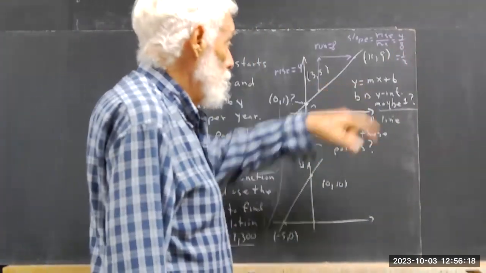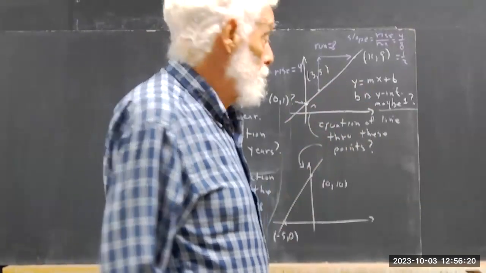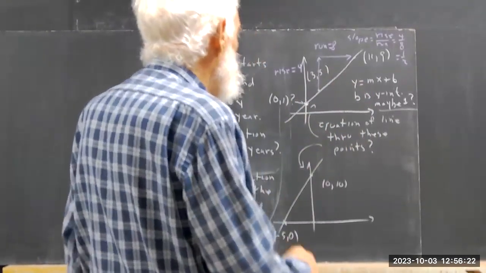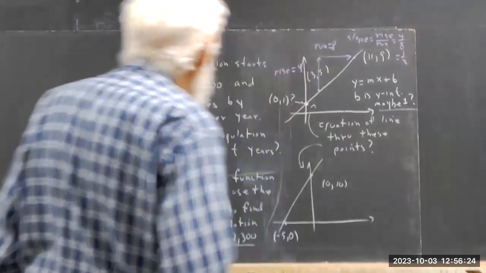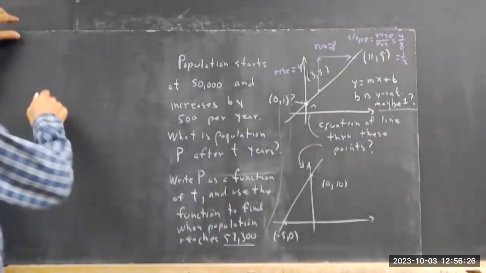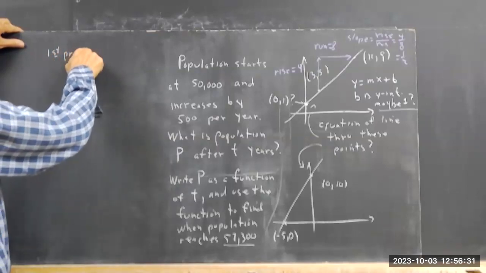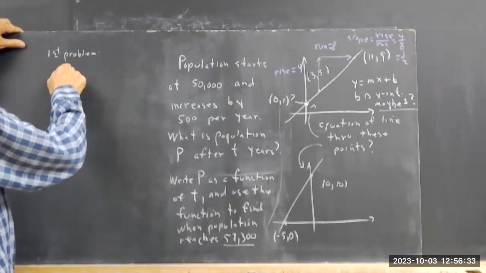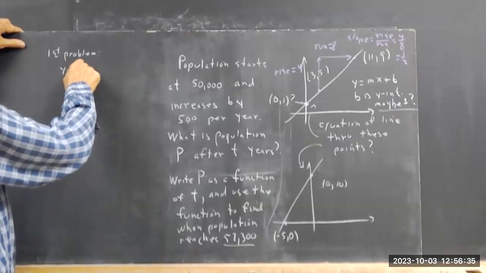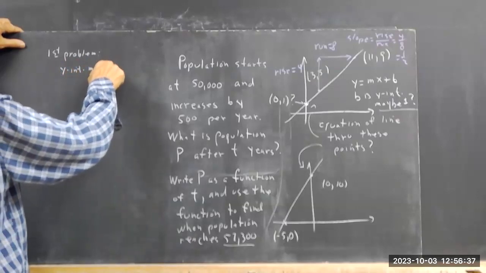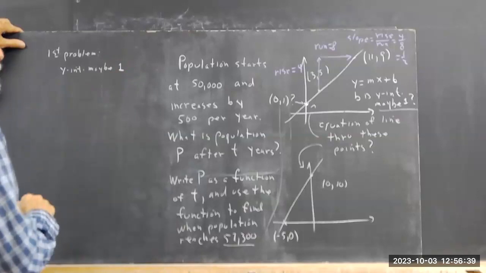So now we can fill in the slope. The y-intercept is maybe 1.